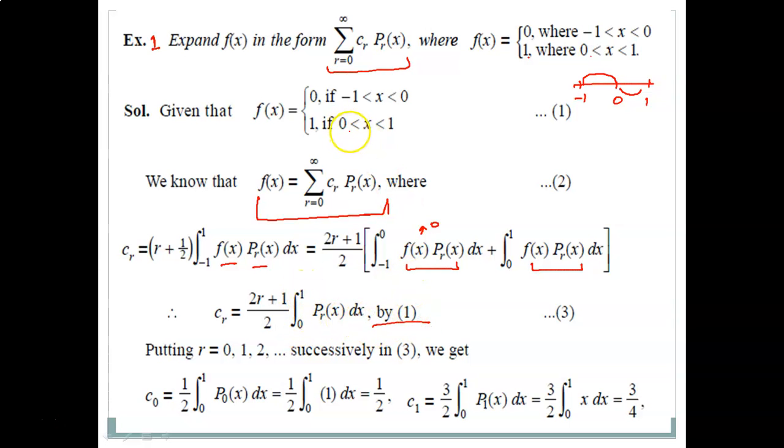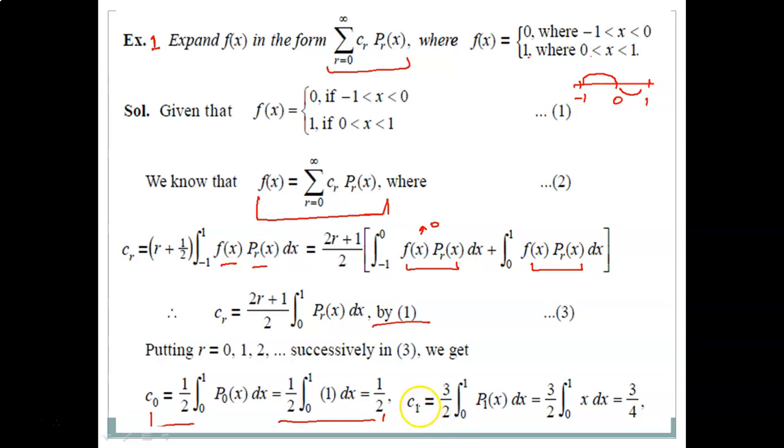Now from 1 we can have, by putting r equal to 0, 1, 2, etc. successively, c_0 equal to 1 by 2 times the integral from 0 to 1, where P_0(x) is 1. You simplify, and this gives you 1 by 2. So the value of c_0 is 1 by 2.